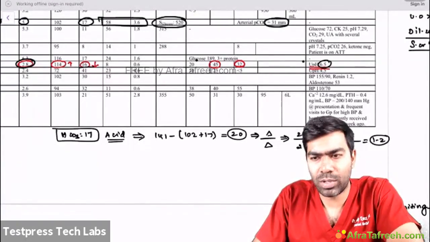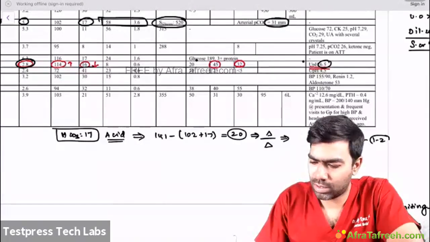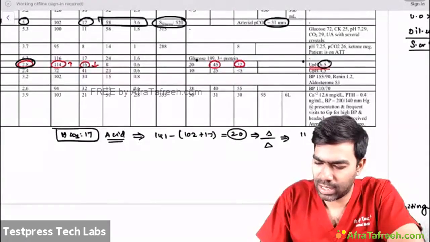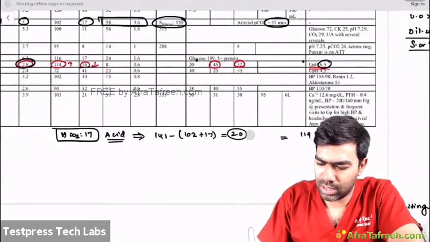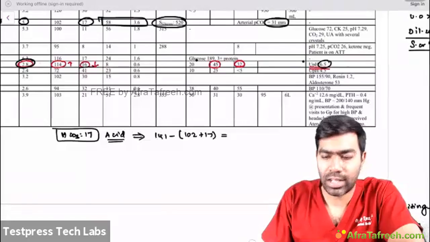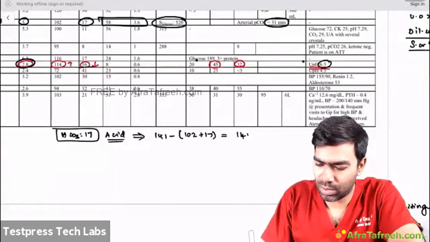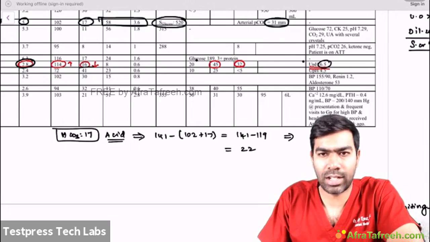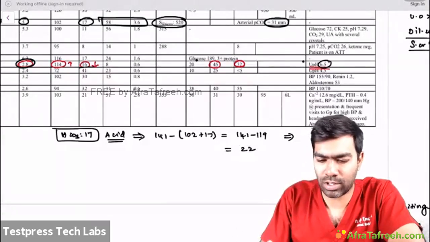I think I'm doing something wrong here in the calculation, so let me write again. 102 plus 17 is 119, I guess. I think here is where I made a mistake. 141 minus 119, so I think I'll be getting 22. That will not make a difference, though.